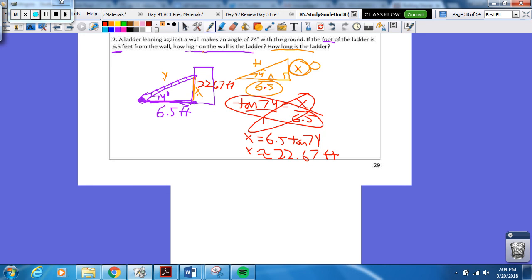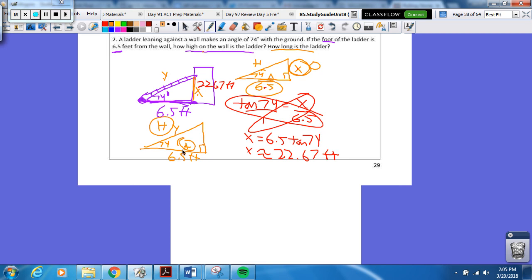Let's do y now. We've got to get y. I'm going to draw another triangle here. I have 74, here's y, and here's 6.5 feet. I need to solve for y, so this is the hypotenuse and this is the adjacent. What am I going to use now?